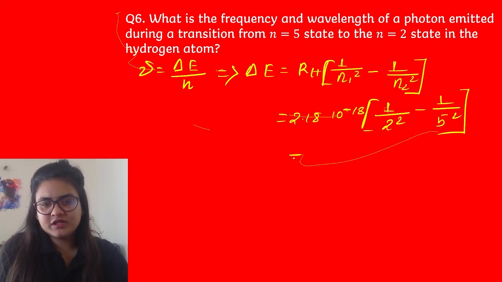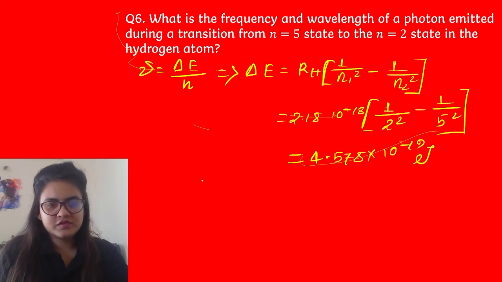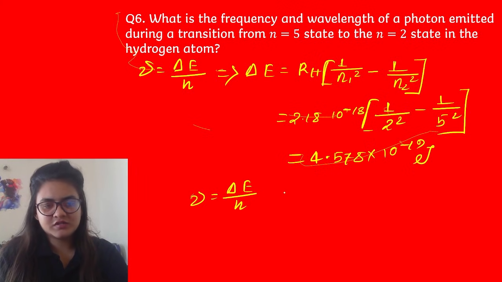So I'm not going into the detailed calculation. If you calculate it, you will get something like 4.578 into 10 power minus 19 joule, right? Now, nu equals delta E by h, again I'm coming back to this equation.